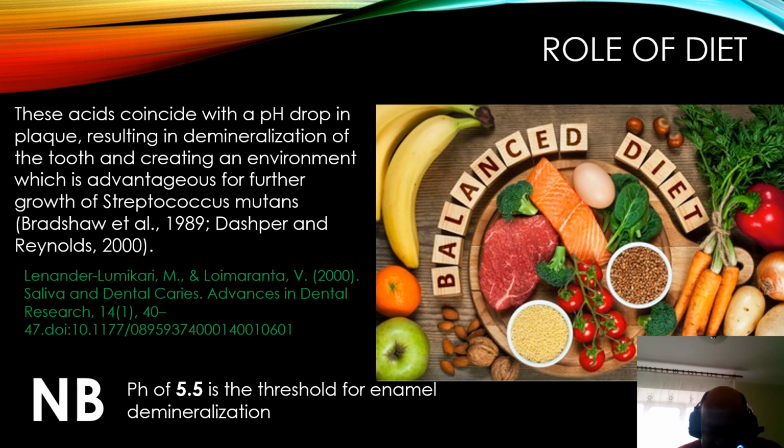These acids coincide with a pH drop in plaque, resulting in demineralization of the tooth and creating an environment which is advantageous for further growth of Streptococcus mutans. Please, doctors, nota bene. Please remember that pH of 5.5 is the threshold for enamel demineralization.